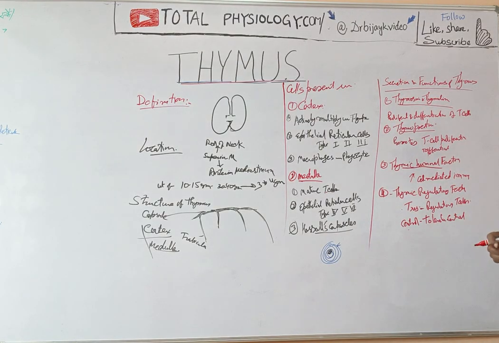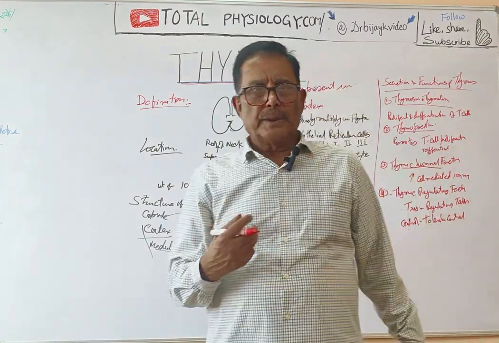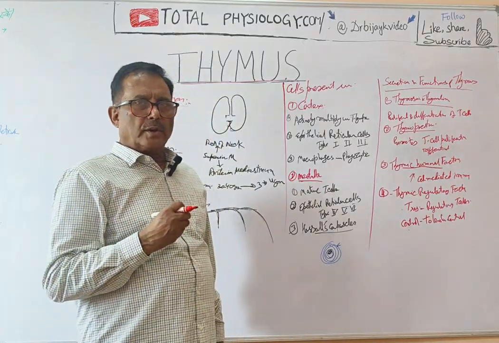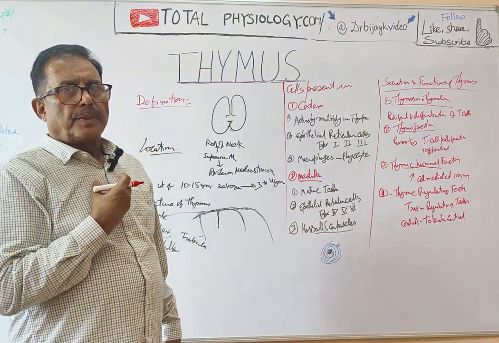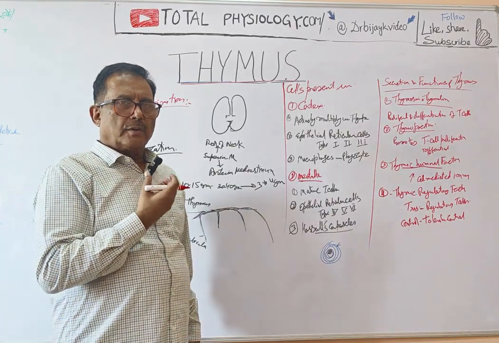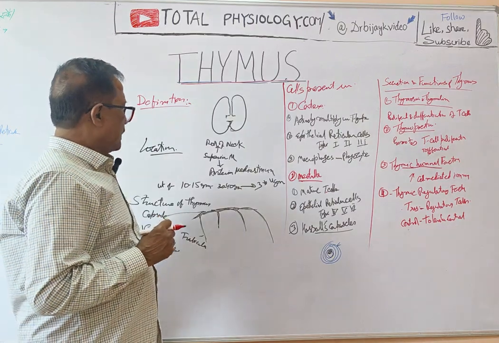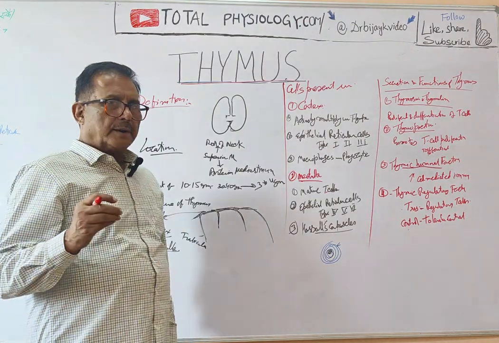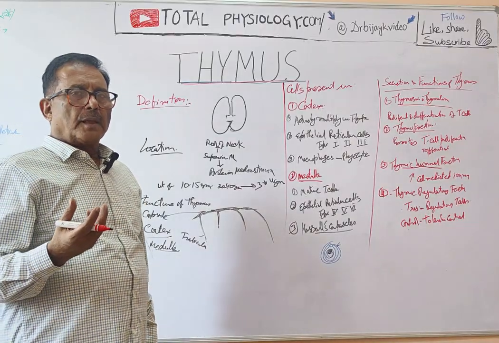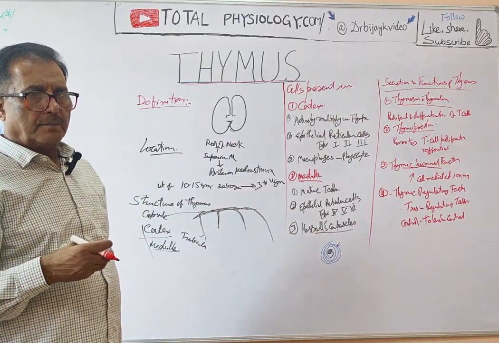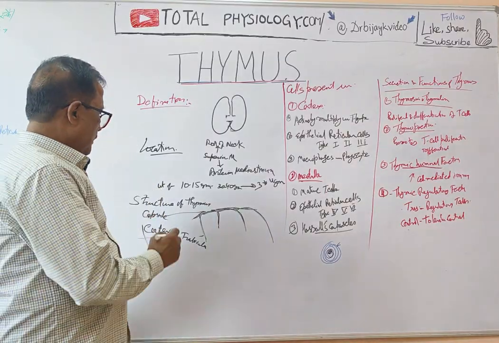So in brief, the take home message: thymus is a lymphoid organ present in the superior mediastinum that may extend to the root of the neck, or downwards to the anterior mediastinum. It is 10 to 15 grams in infants, gradually increases to 30 to 40 grams, and in old age it becomes 3 to 4 grams.